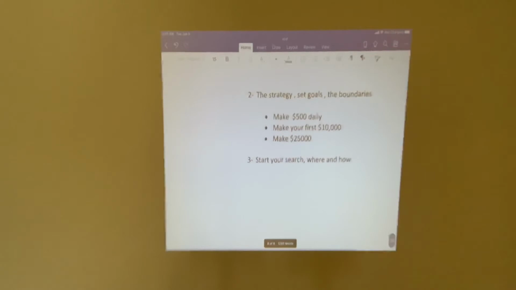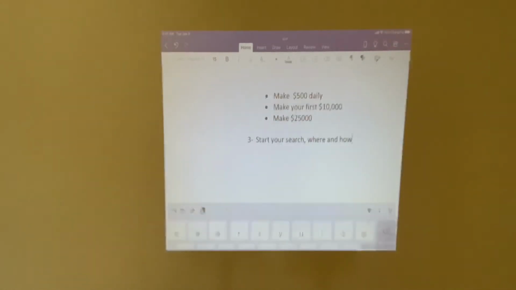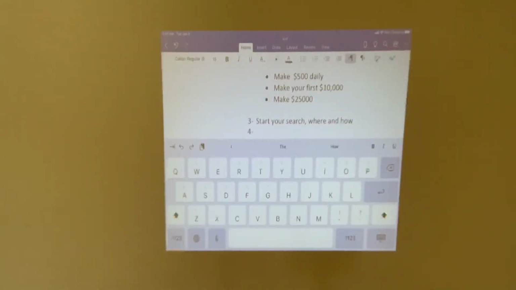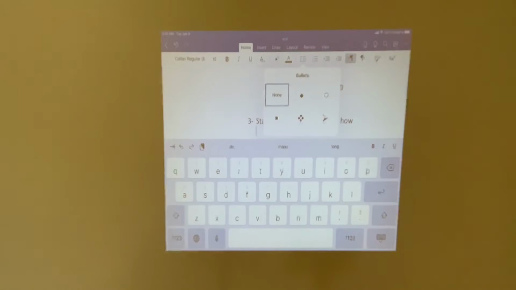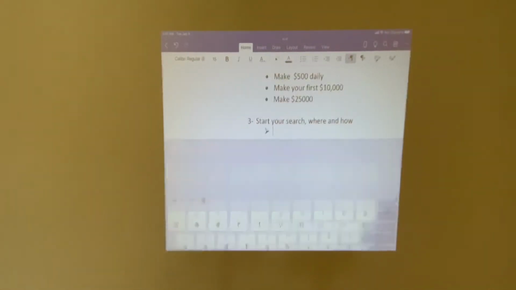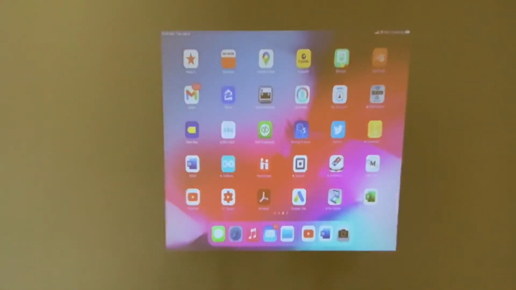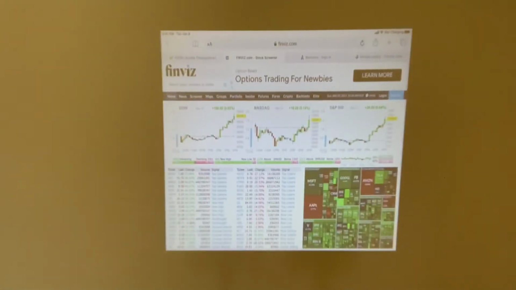Okay, so let's go in detail talking about how and where you search for your stock. Here is the website we spoke about in the third video, but I'm really sorry, the third video came out a little unclear because of the way I was videotaping this screen.